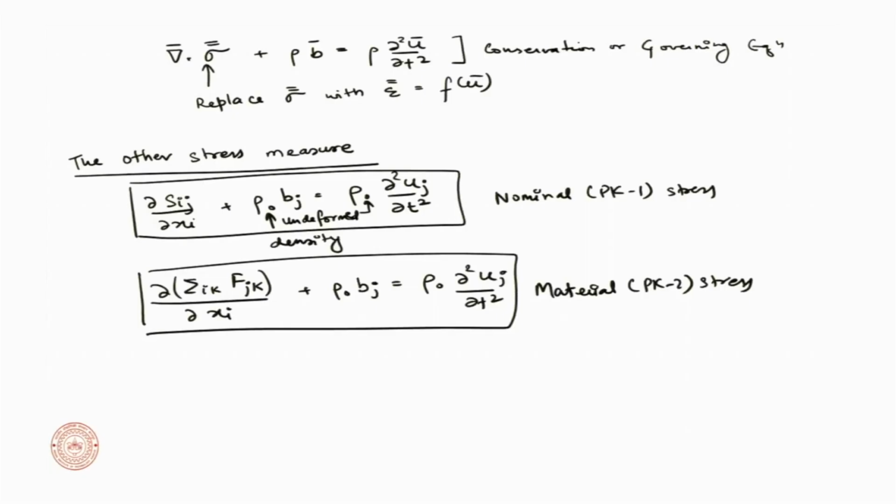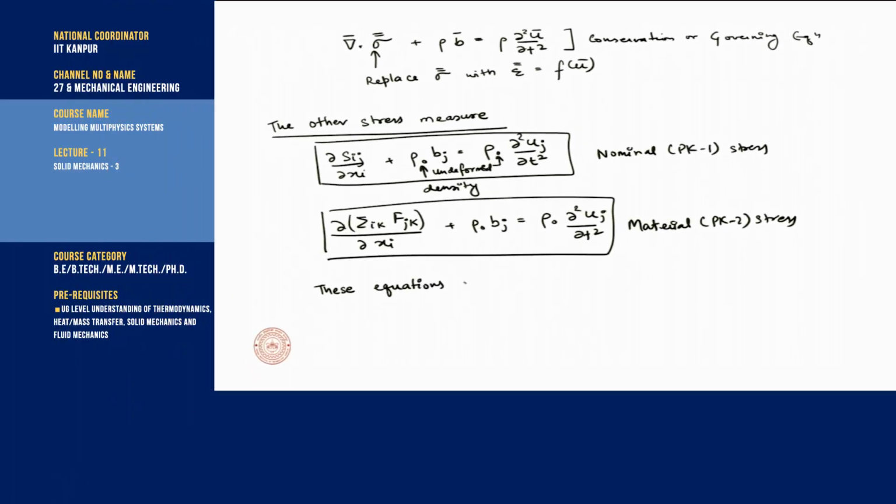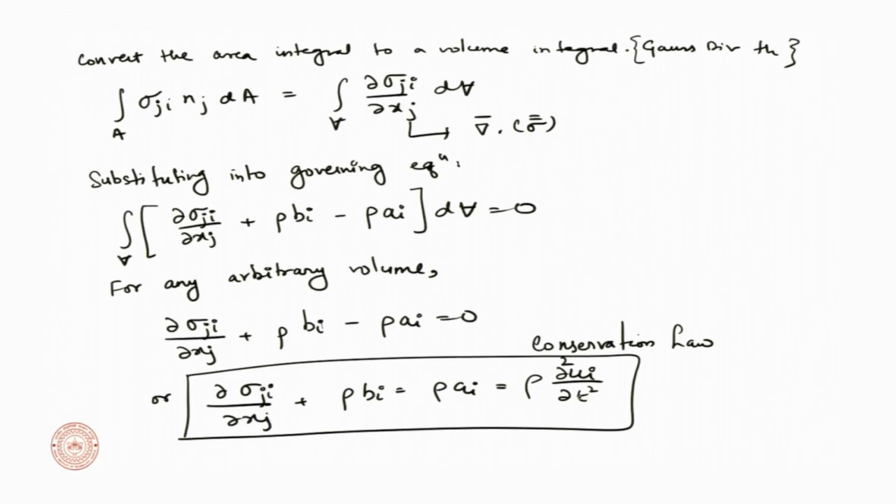Okay, one thing to note in this case is that these equations are a set of 3, one along each direction. If you look back again, you can see that i is the unrepeated index.